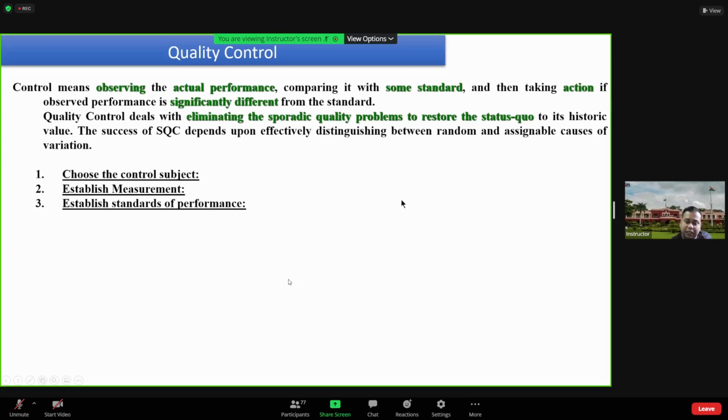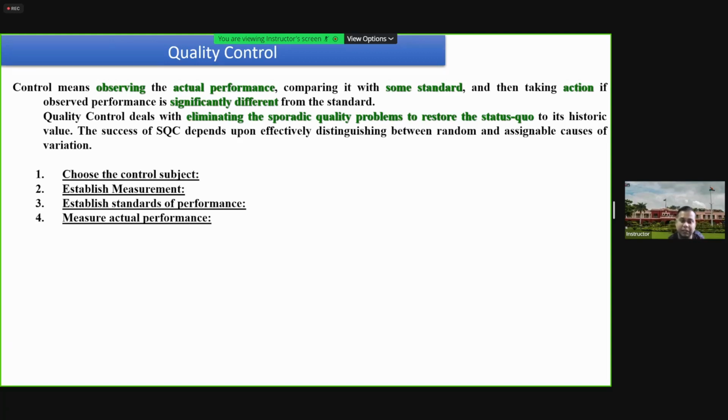Fourth is that we measure actual performance. That is, we measure the actual output of the particular parameters, or the control subjects, that we have decided. Once the parameters are defined, standards are defined, and we have measured the actual, we need to interpret the difference, whether there is a deviation between actual performance output and the established standards, or everything is under control.